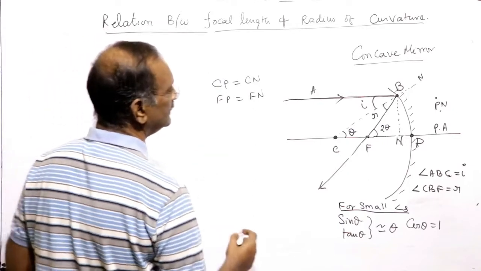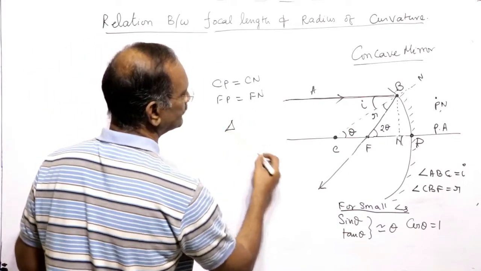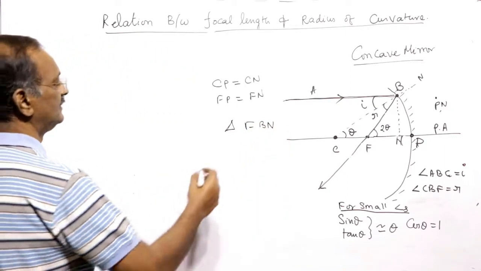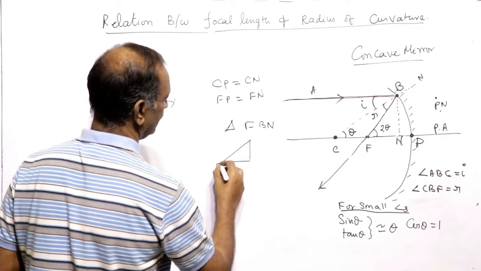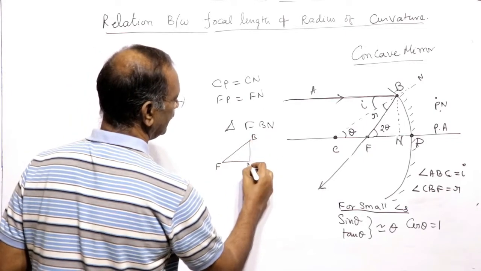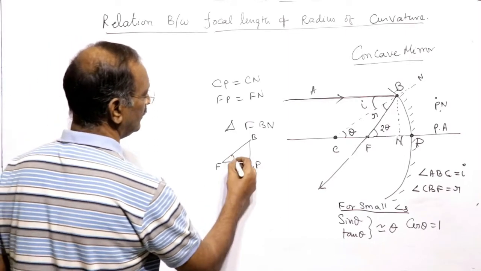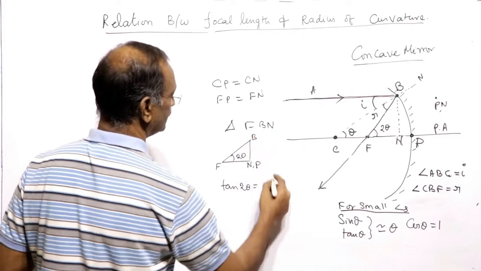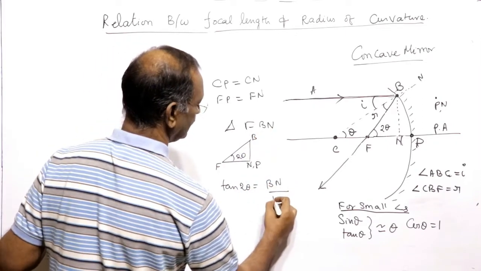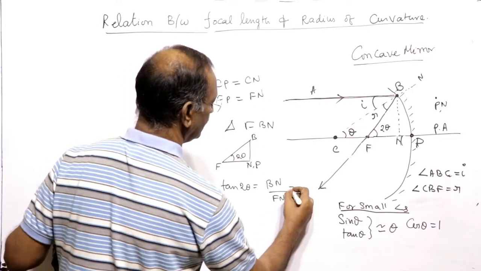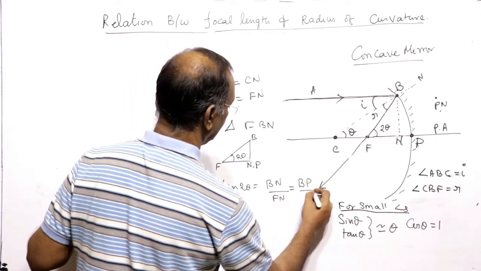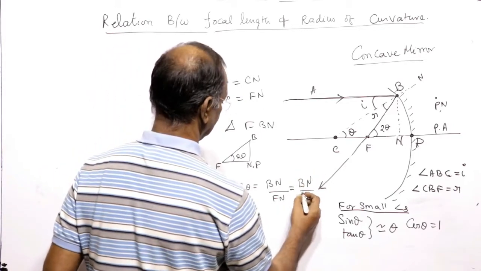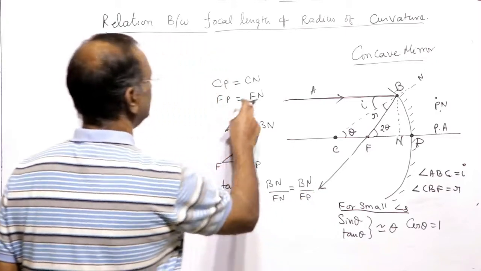Now in this triangle FBN, this angle is 2 theta. Tan 2 theta is equal to the opposite side BN by FN, or BN by FP, since FP is equal to FN.